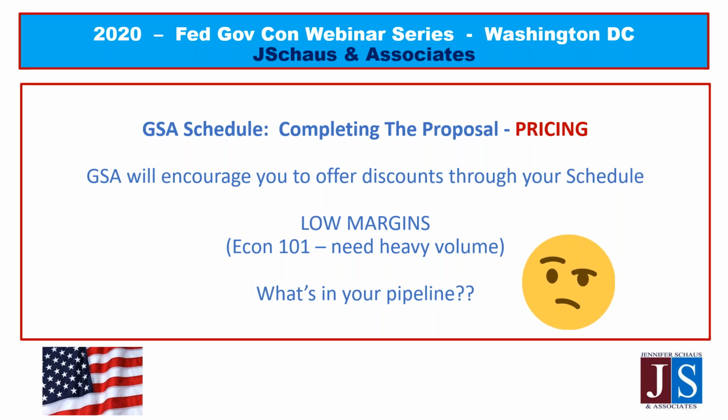So obviously your margins will be lower, and you need then to have heavy volume, meaning you need to have some prospects in your pipeline that specifically want to buy from you, but more specifically prefer to purchase your type of product or services through the schedule. Because if you're just doing this to get one contract that's $200,000, this is probably not the right tool for you.